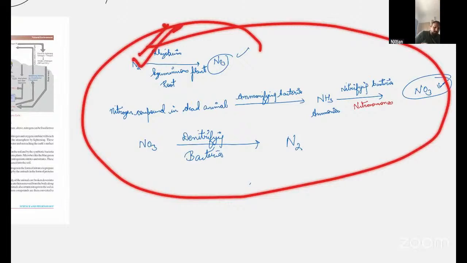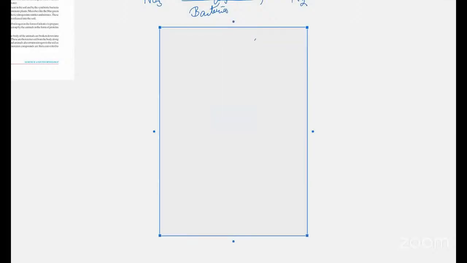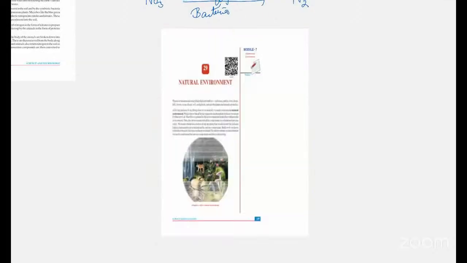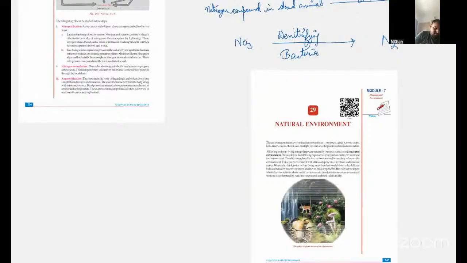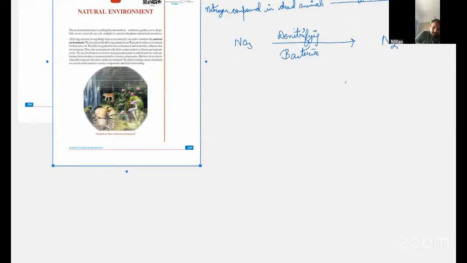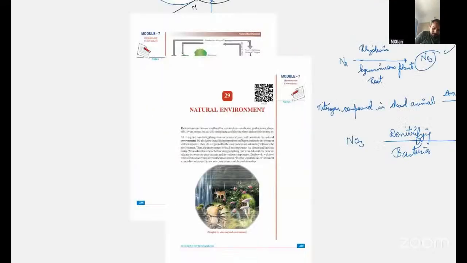Quickly write it down. Till then, I'll open one more PDF because this PDF is glitched. Why is it happening? Somebody tell me the reason. Any reason? Every time it glitches.